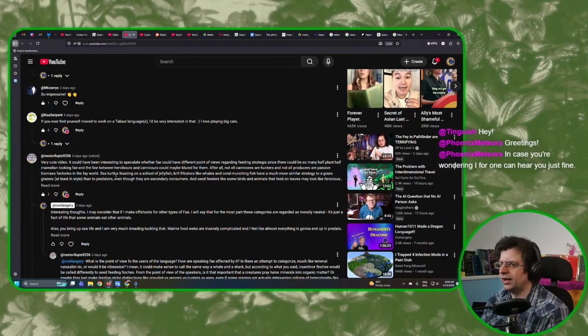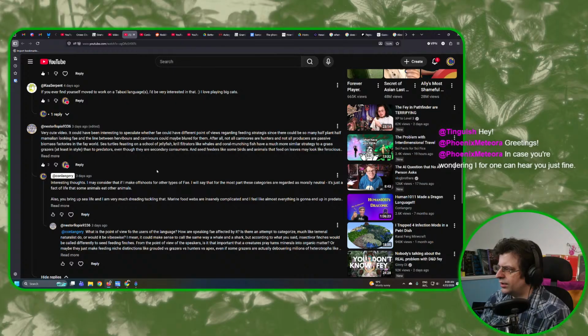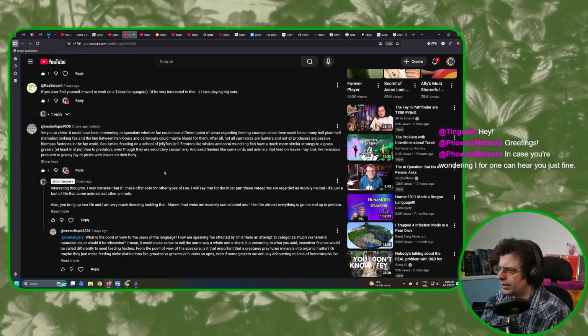Sort of in between strategies, and to me that's part of the fun of figuring this out with noun classes, right? The line between herbivores and carnivores could be blurred. Yeah. Working out what class all of the different types of fae are is definitely going to be an interesting challenge, right?